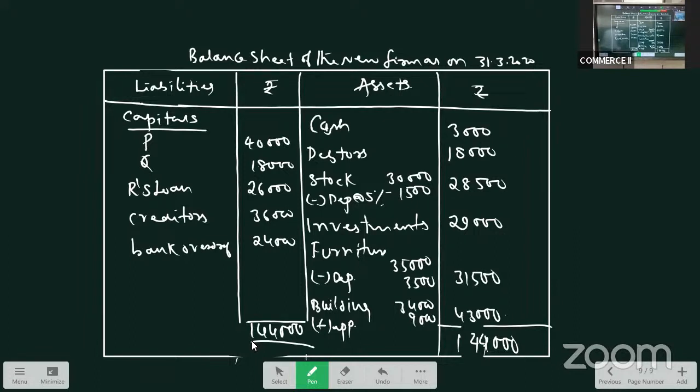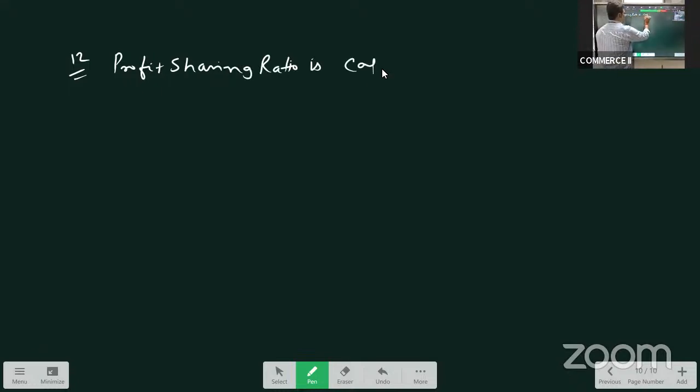Raju, Rani and Prince are partners sharing profits and losses in their capital ratio. See, the profit sharing ratio is not given here; it is said that the profit sharing ratio is the capital ratio as on the balance sheet date.